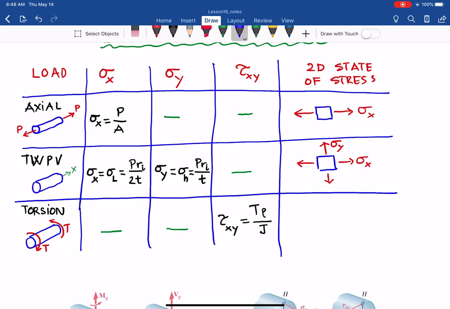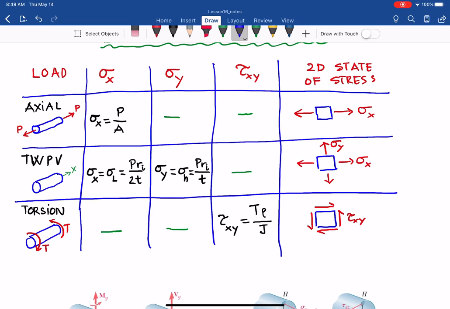And for that one here, the 2D state of stress has no normal stress, so we only have tau xy, tau xy, tau xy, and no normal stress.